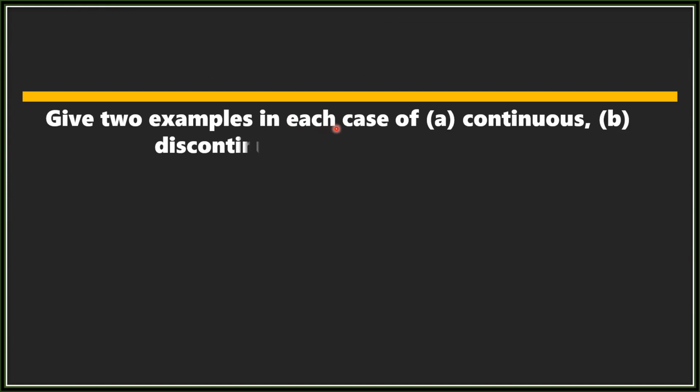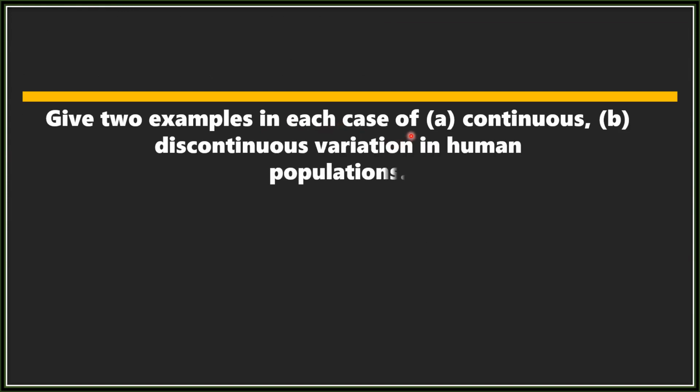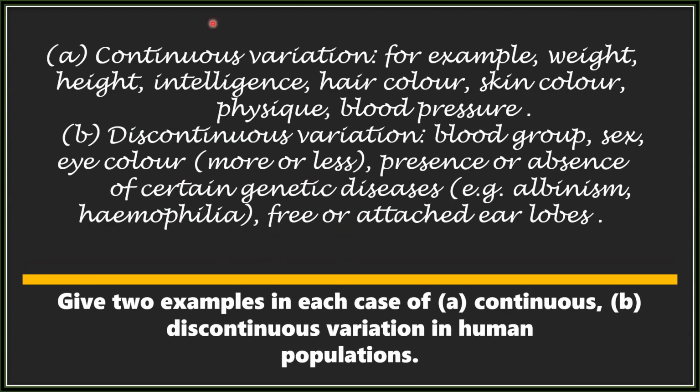Give 2 examples in each case: continuous and discontinuous variation in human population. Continuous variation, for example, weight, height, intelligence, hair color, skin color, physique, blood pressure.